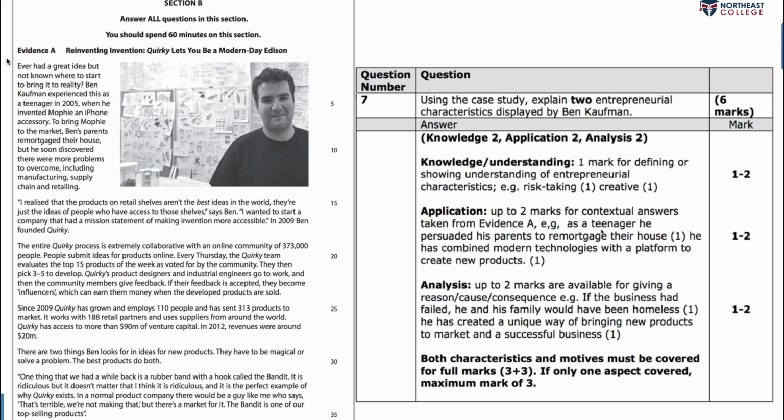It says as a teenager, he persuaded his parents to remortgage. That's showing the risk taking that you mentioned here. You're explaining it further. Because you mentioned it here, you want to explain how it is applicable here. So as a teenager, he persuaded his parents to remortgage his home. That will give you 1 point, and that's addressing the risk taking.